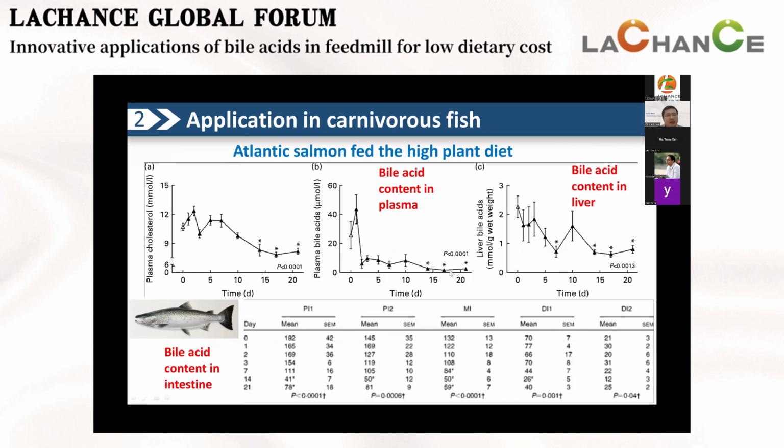And here is an example in the Atlantic salmon. And here we can see for the Atlantic salmon, if it is fed with the high plant diet, and here is the feeding time, here are the bile acids in the plasma, here in the liver, and here in the intestine.